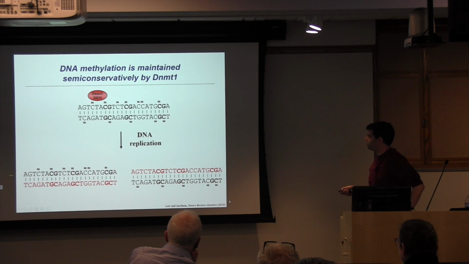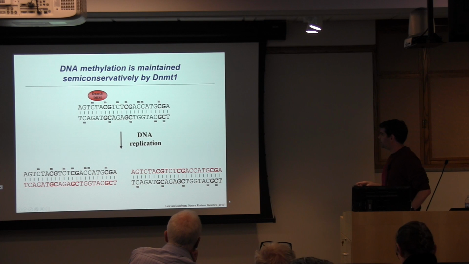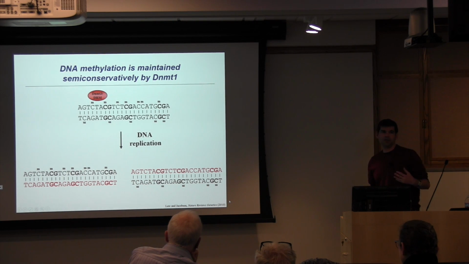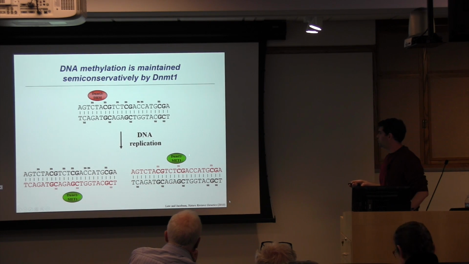But in plants, if the RNA signal is turned off, then this methylation would disappear because after DNA replication, the old strand here in black keeps its methylation, but the new strand in red is synthesized unmethylated. So there's another methyltransferase system that is there to keep the methylation propagated across generations. And this is a methyltransferase called MET1 in plants and DNMT1 in animals. What it does, with at least one accessory protein, is recognize CG dinucleotides that are methylated on one strand but not on the other, and then it methylates the unmethylated cytosine.